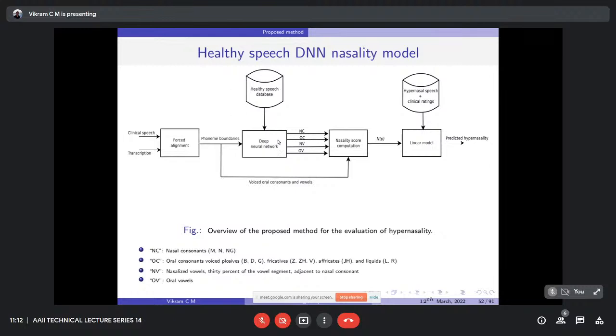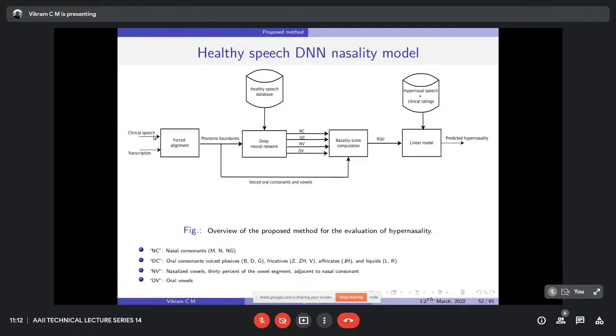You can see that to train this deep neural network, we used only a healthy speech database, because training a deep neural network requires a lot of data, and practically getting clinical data along with clinical expert labels is difficult.